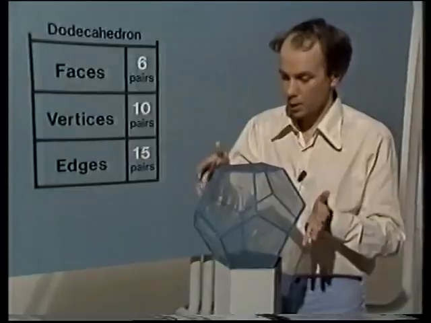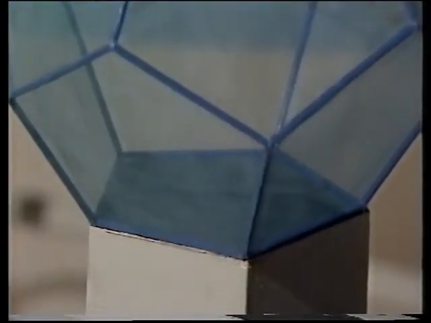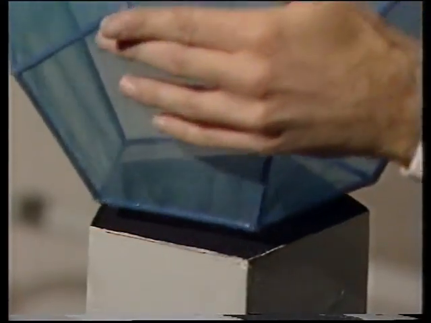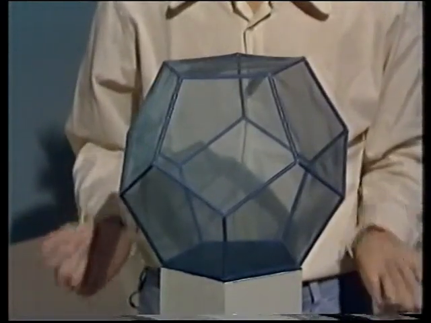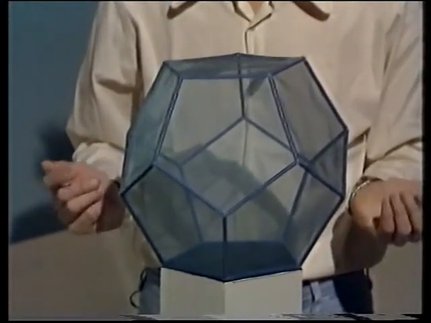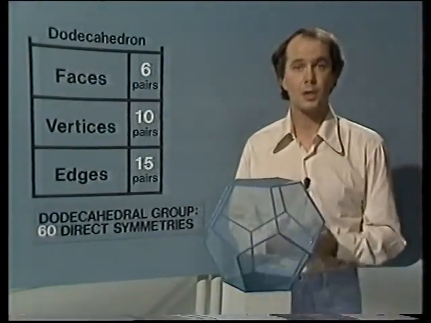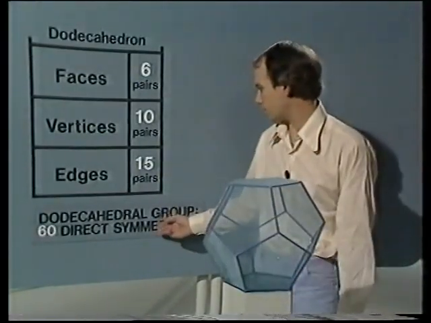Well, we can choose any one of the 12 faces to sit on the base. And once it's sitting there, there are 5 different orientations it can take. So that's 12 faces times 5 orientations for each, makes a total of 60 distinct orientations for the dodecahedron. So the dodecahedral group consists of 60 elements, 60 direct symmetries.